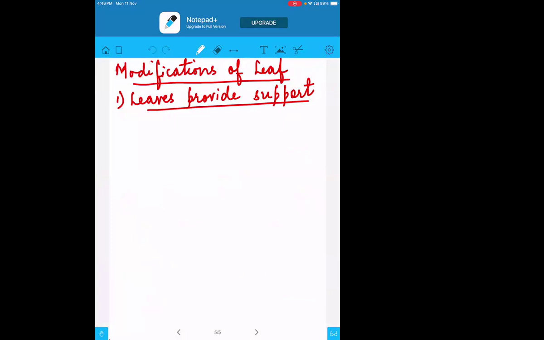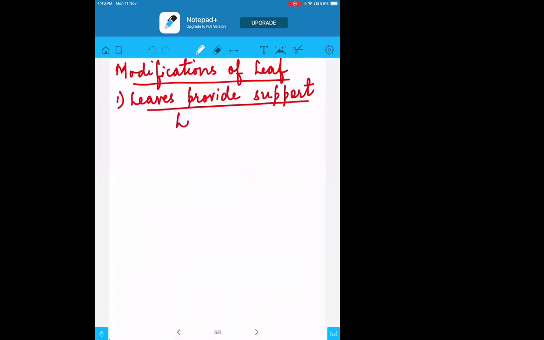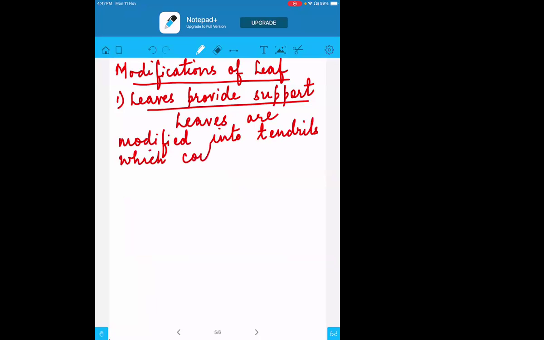So the first one, leaves provide support. That is why, for giving support, they have the modification. You might have seen in some plants that the leaves will be modified into tendrils. So leaves are modified into tendrils which coil around a support.